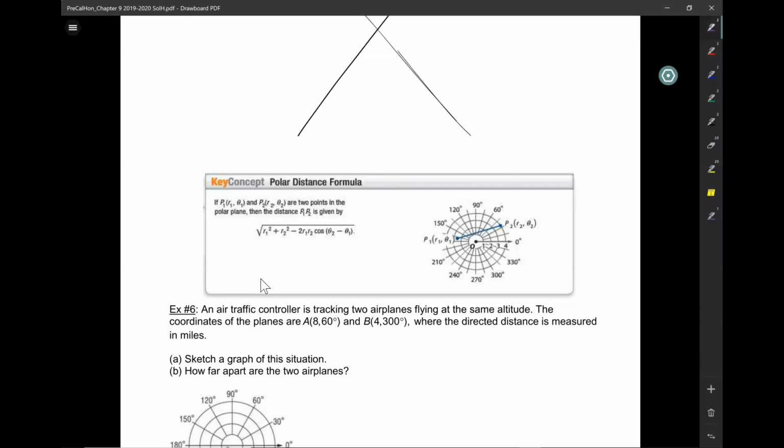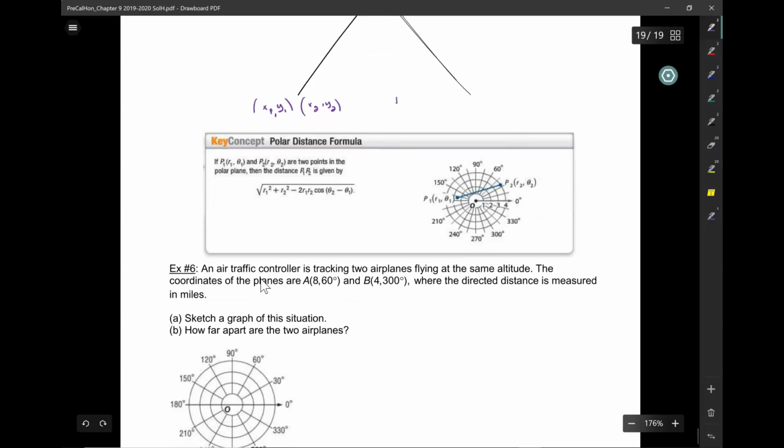In rectangular coordinates, if you have (x1, y1) and (x2, y2), how do you find the distance? Distance is the square root of (x2 minus x1) squared plus (y2 minus y1) squared.